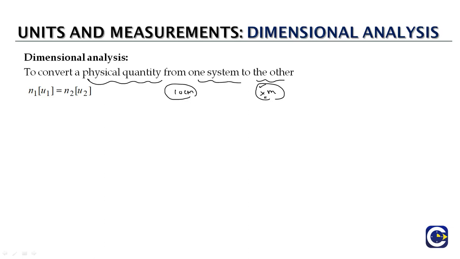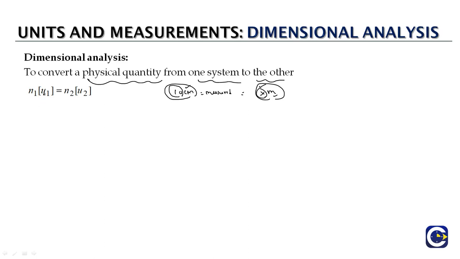So how do we go about doing it? For this we will use the basic idea that the total measured value must be the same across the systems. It means 10 times the centimeter, which is the measured value of the particular quantity, must be equal to x times the meter length.